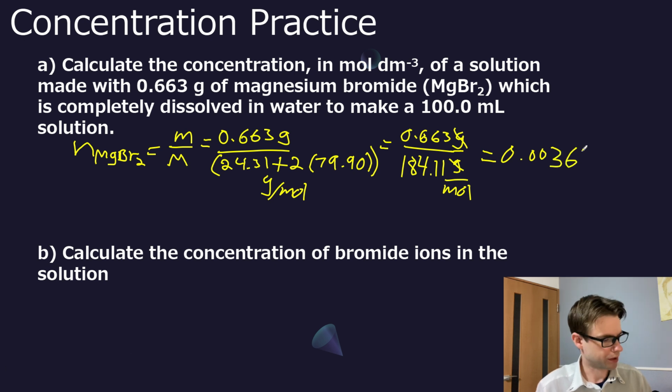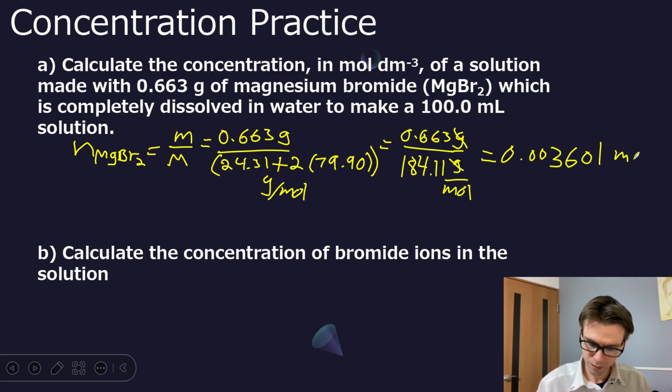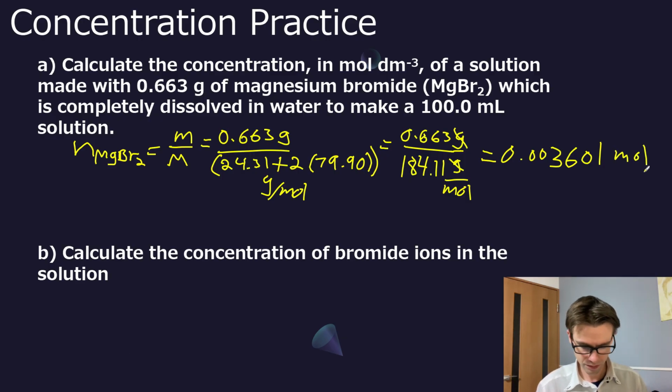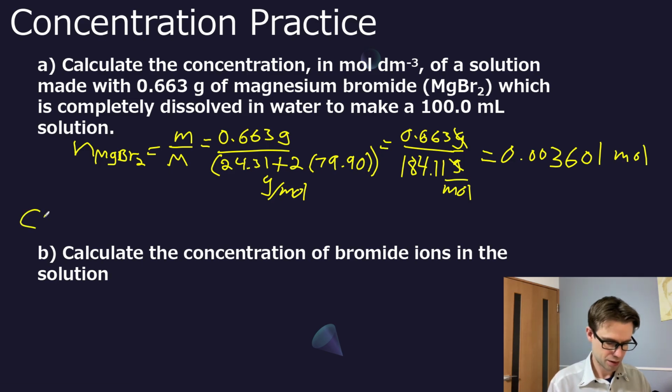And I'm just going to include a couple more significant figures for now before we reach the answer. 3601 mole. Alright. So that's just how many moles we have, but we need a concentration in mole per decimeter cubed. So we'll use the new equation. Concentration equals moles per unit volume.